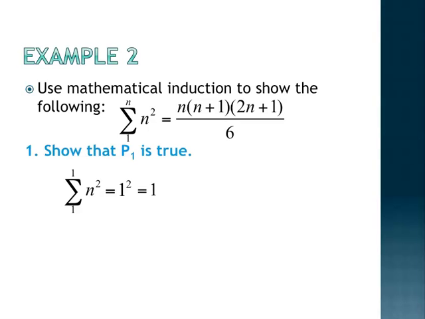All right, so this is equal to 1. And on the right-hand side, we have 1 times (1+1) times (2 times 1+1), which ends up being 6 divided by 6, which is equal to 1. So it looks like P sub 1 is true, right? The left-hand side gives you 1, the right-hand side gives you 1.